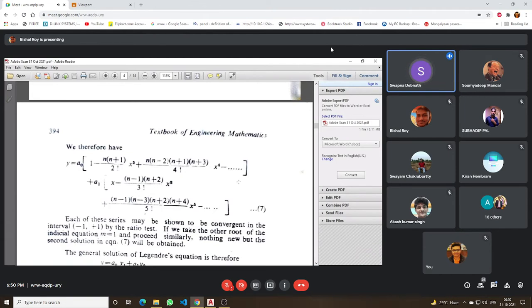That means this becomes a polynomial, but the second part will remain an infinite series.